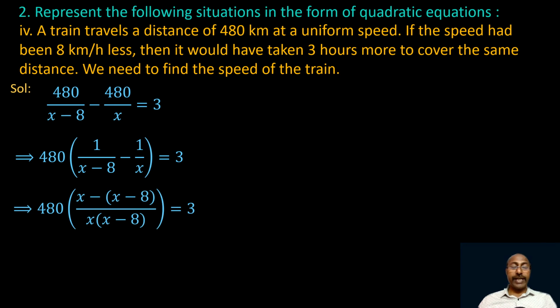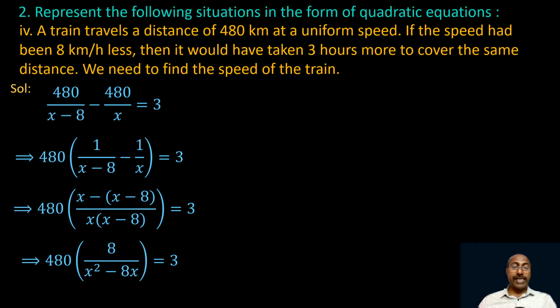So we can take x minus 8 into x as the LCM. Then it becomes 480 into x minus x minus 8 by x into x minus 8 is equal to 3. And the numerator is equal to x minus x plus 8. That is, x minus x will be cancelled and 8 will remain.